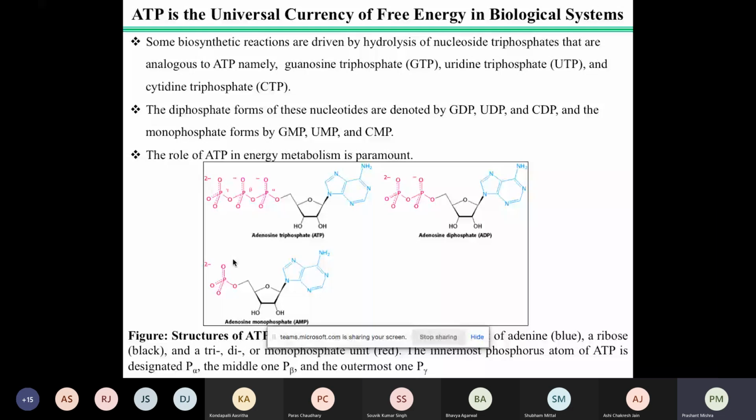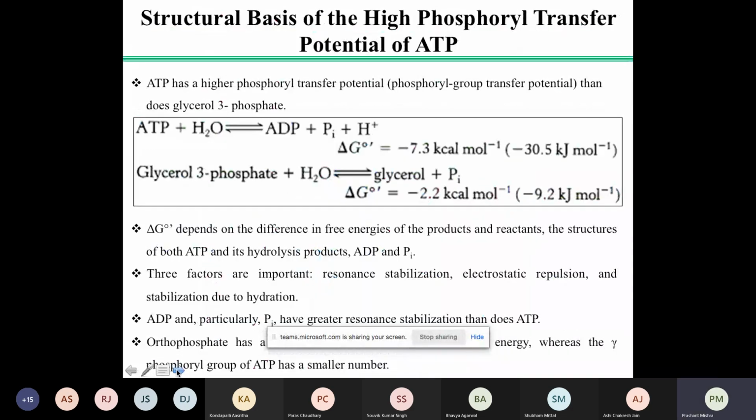So this is called the phosphoryl group transfer potential. So in actual form, we say that the phosphoryl group transfer potential of ATP is quite high. So let us see how high it is. ATP has a higher phosphoryl group transfer potential. That means the phosphoryl group can be transferred compared to glycerol 3 phosphate.